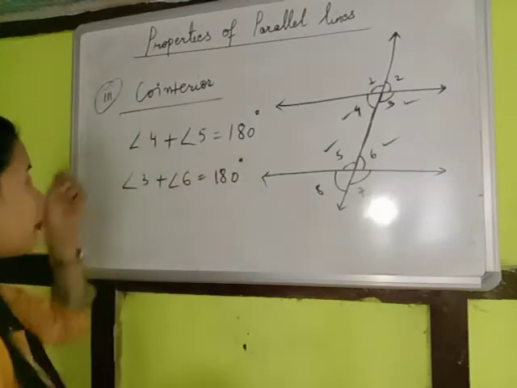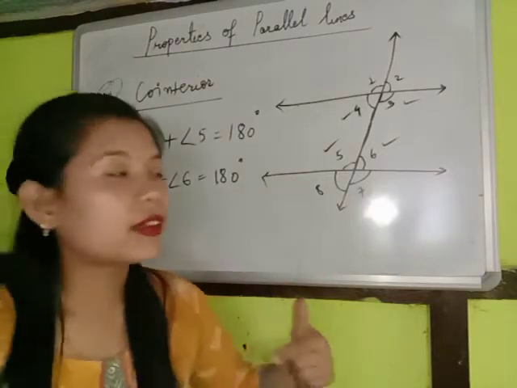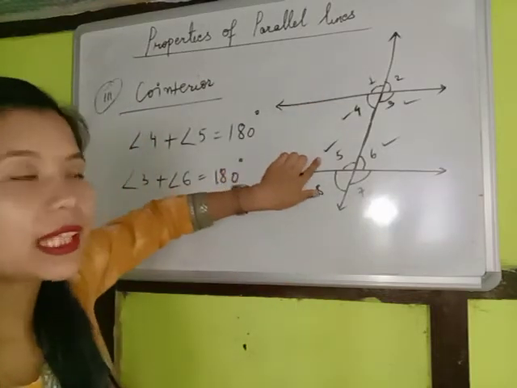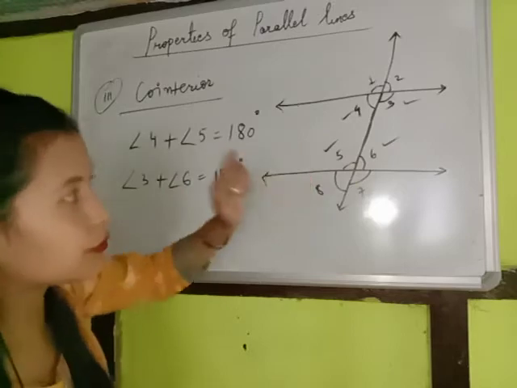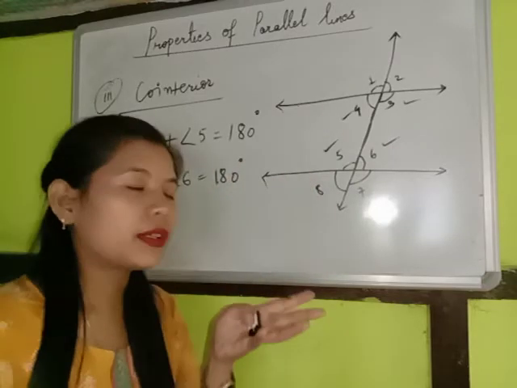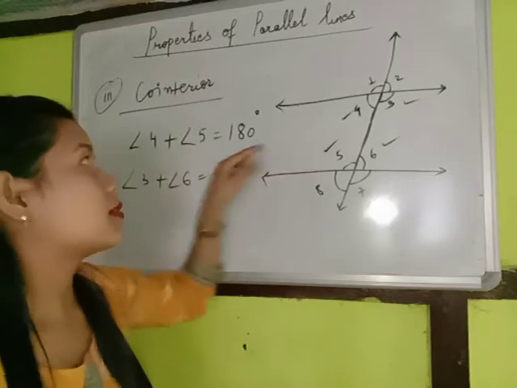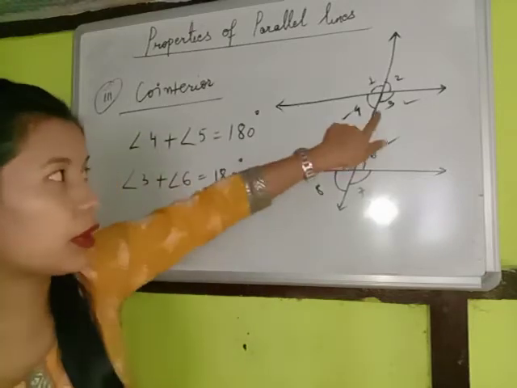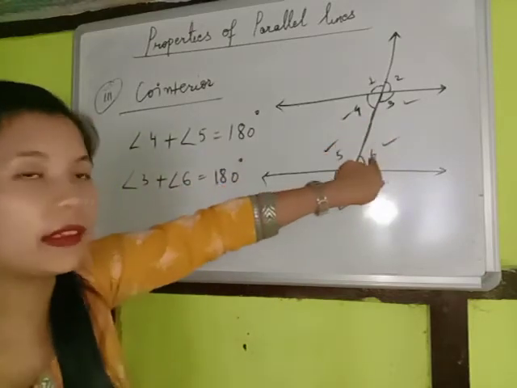So this property tells us that the interior angles which lie on the same side, here towards the left of the transversal, are supplementary, meaning the sum of these two angles equals 180 degrees. The same thing holds for angle 3 and angle 6 also.